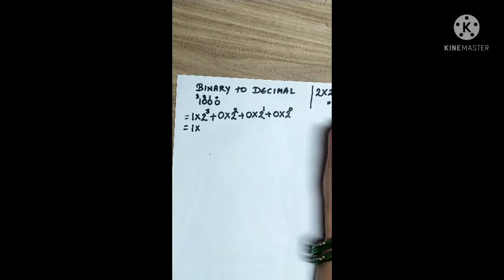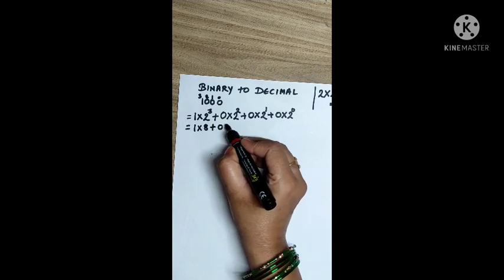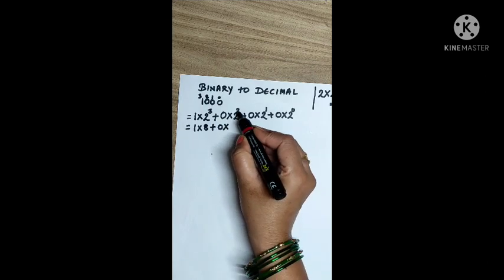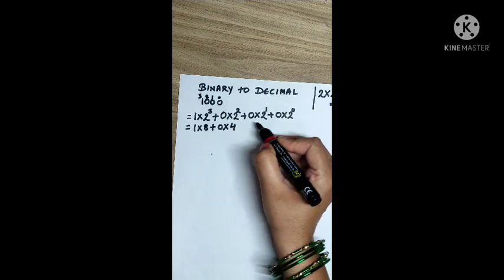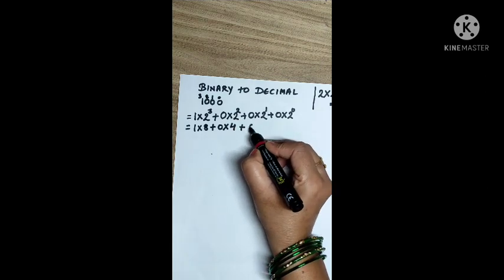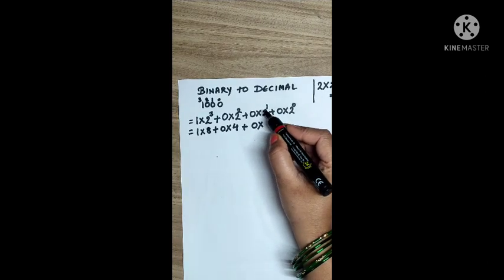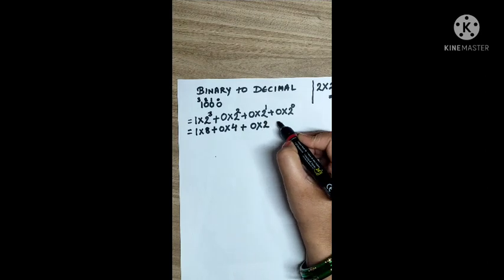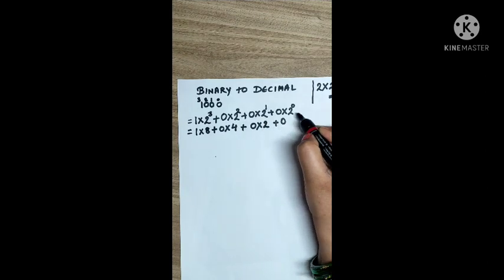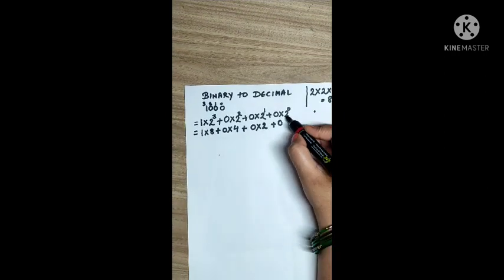Okay. So here it will become 8 plus 0 multiplied by 2 to the power 2, which means multiply 2 two times. It will come 4. Plus 0 multiplied by 2 to the power 1, which means multiply 2 only once. So it will be 2 only. Plus 0, and any number to the power 0 is equivalent to 1.